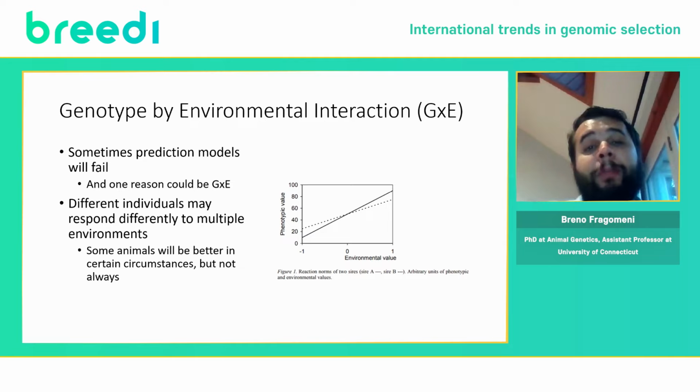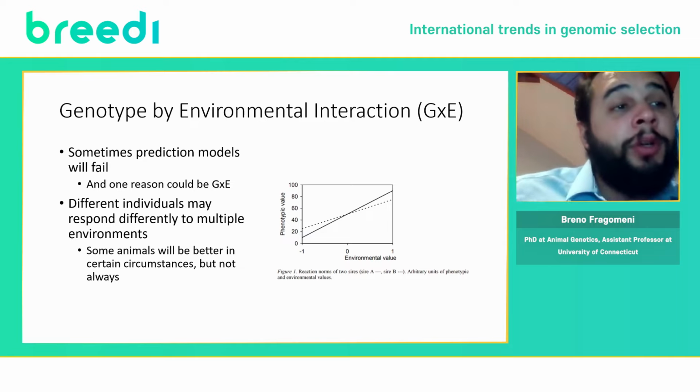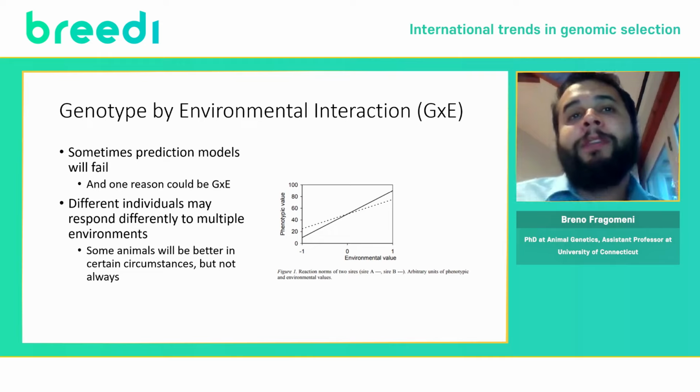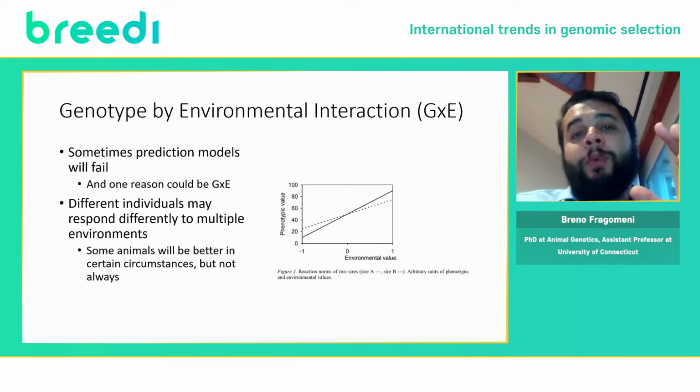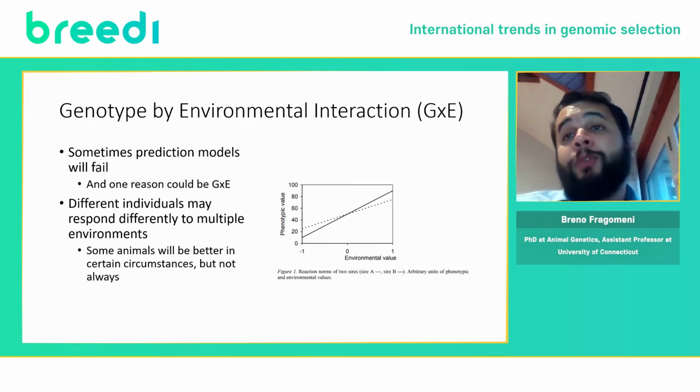For example, in my research here, we are evaluating if the best animals for the region of New England, the Northeast USA, are also the best animals for California, because California has many more animals. Therefore, when we get a genetic evaluation, we get much more information from California than from here. So we are basically using animals that are better from other regions, and we are not really sure if those animals are also going to be the best animals here.